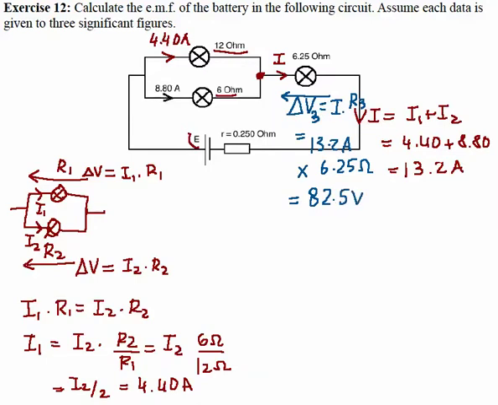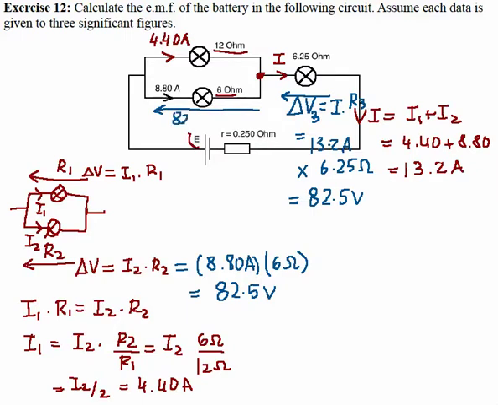I can also calculate delta V over here because it's I2, which is 8.80 amps times 6 ohms, and that gives me 82.5 volts. So this is 82.5 volts.